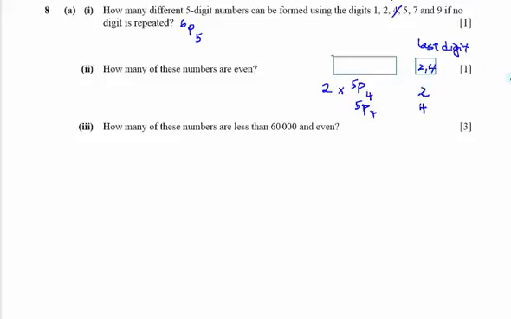The other way of looking at this is this way. Let me write it here so I explain clearly. The first 4 digits are 5P4. Now, the last digit you can take is either 2 or 4.